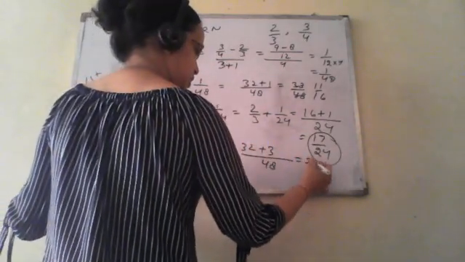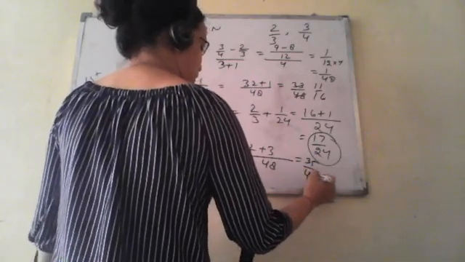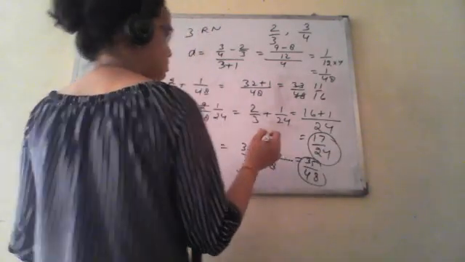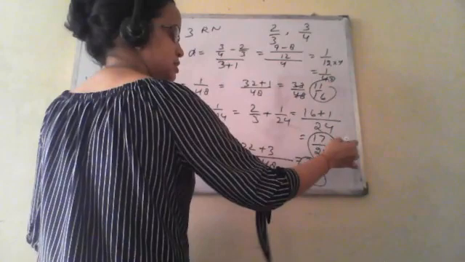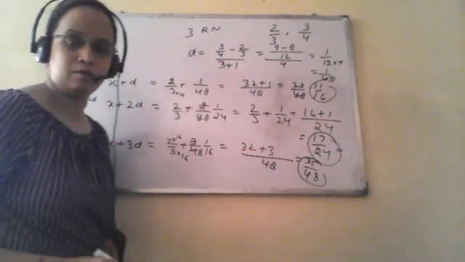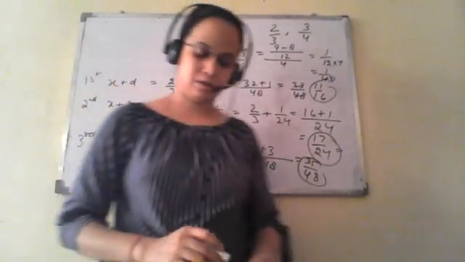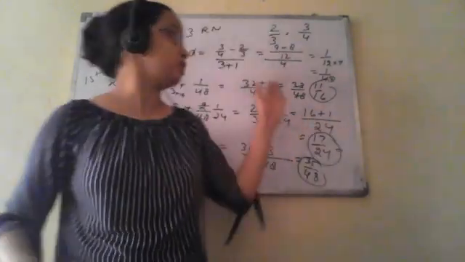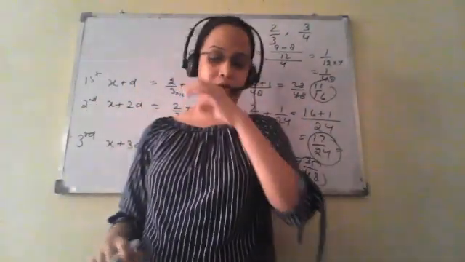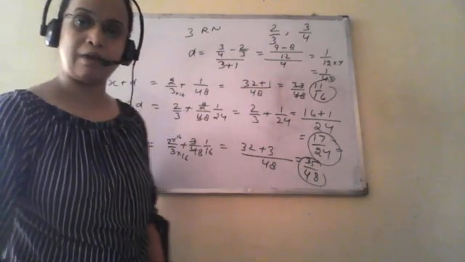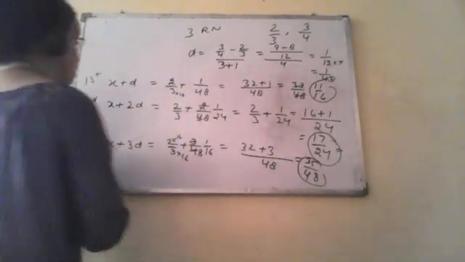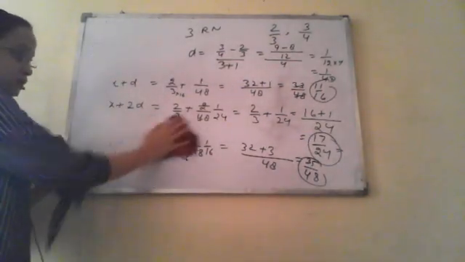So this will become 35 upon 48. So these three numbers, that means 11 upon 16, 17 upon 24 and 35 upon 48, are the three rational numbers between 2 upon 3 and 3 upon 4. Similarly, you can try for negative rational numbers. So this was the generalized method.